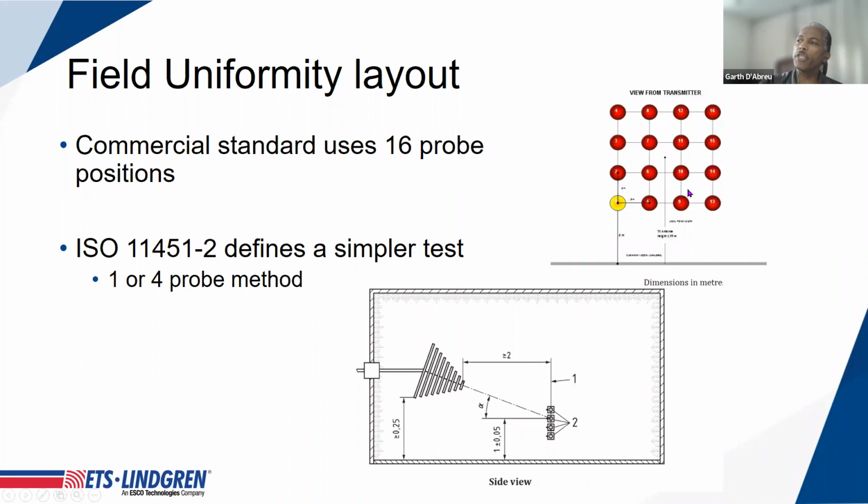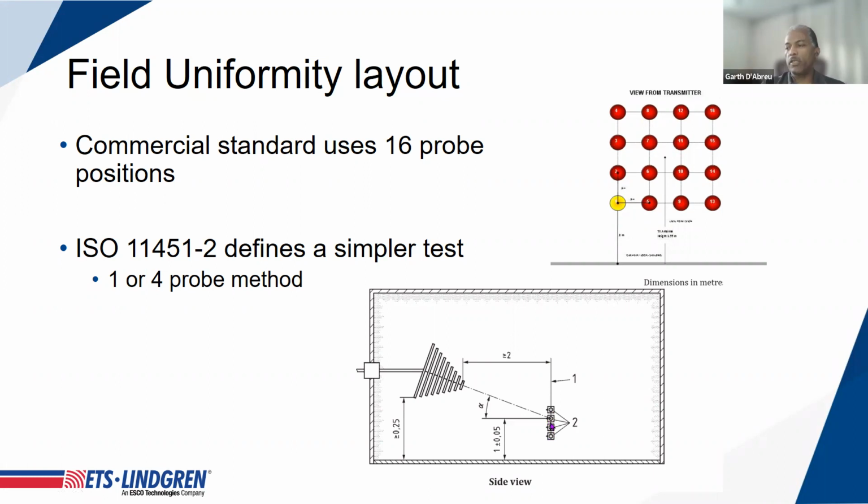In the automotive industry, there's something a little similar. There's the 1 or 4 probe field uniformity validation method, where at the test distance of the measurement antenna from the reference position in the vehicle, you're required to show that the field varies by less than 6 dBs when you measure it over the 4 probe method.